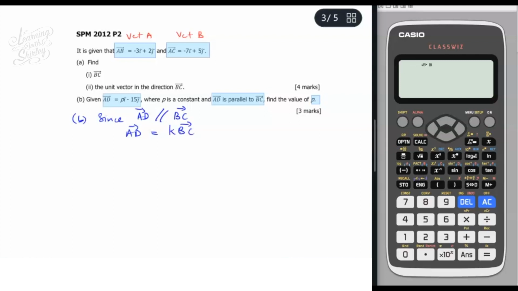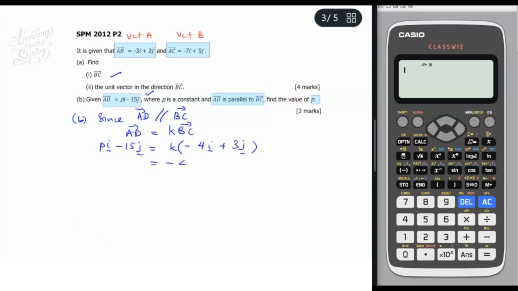So we put a K there. Okay, it's a constant value. So AD is given in the question, which is PI minus 15J. So I write it here, PI minus 15J, then equals K times BC. Okay, just now we got the answer already from A2, right? BC is from A1, okay, negative 4I plus 3J, okay?